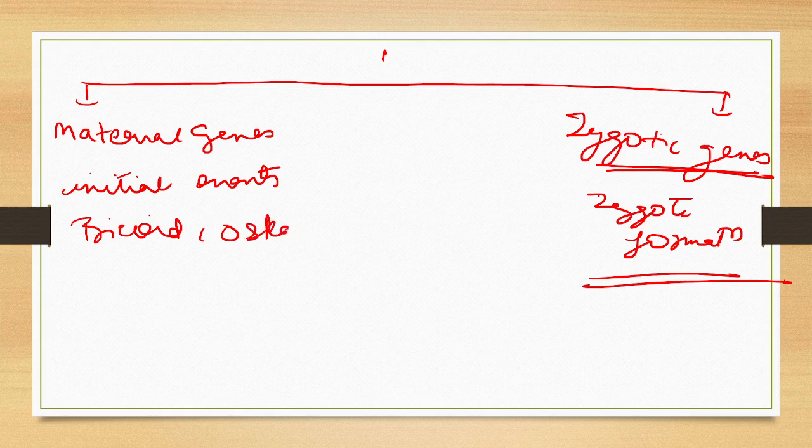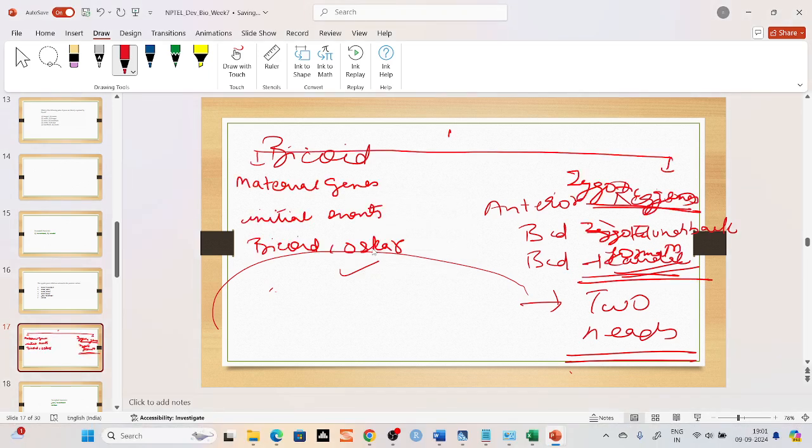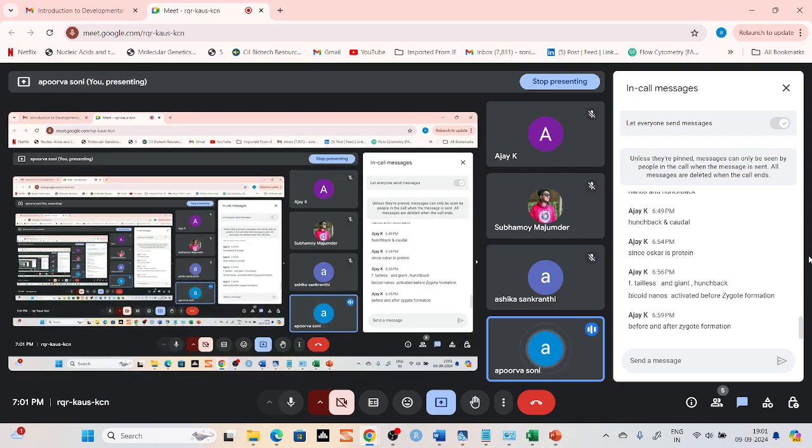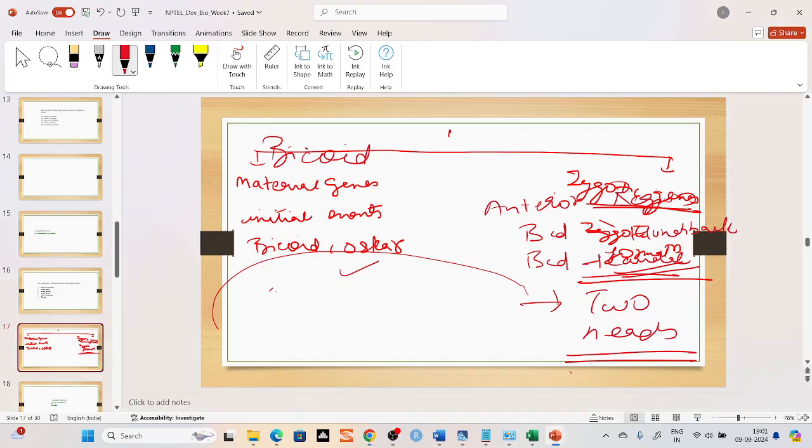Oscar is a maternal gene. So when only maternal genes are expressed, up till the zygote formation, after the zygote is completely formed, your zygotic genes are not expressed. They are expressed afterwards. That means they are expressed later.